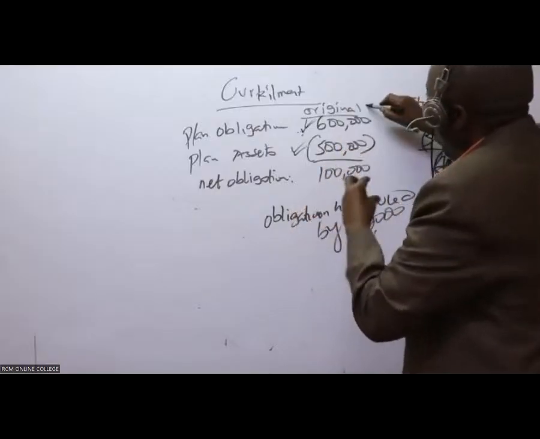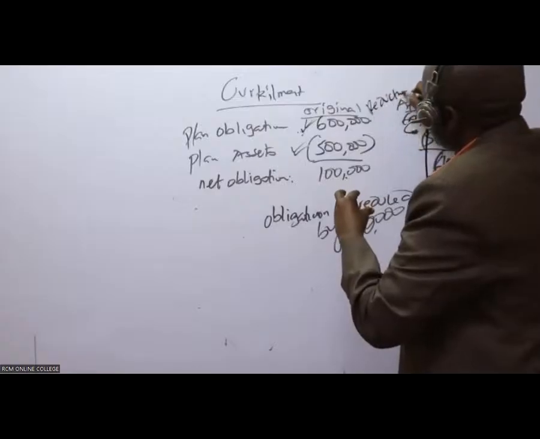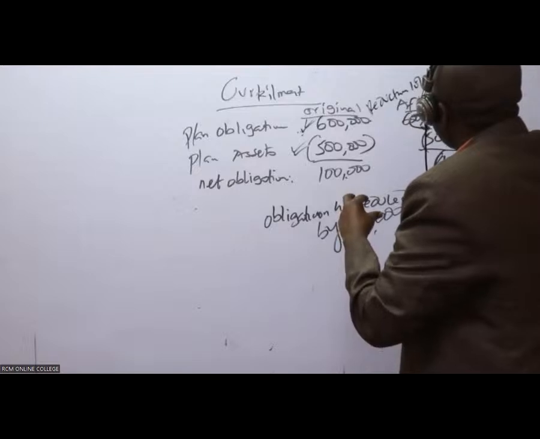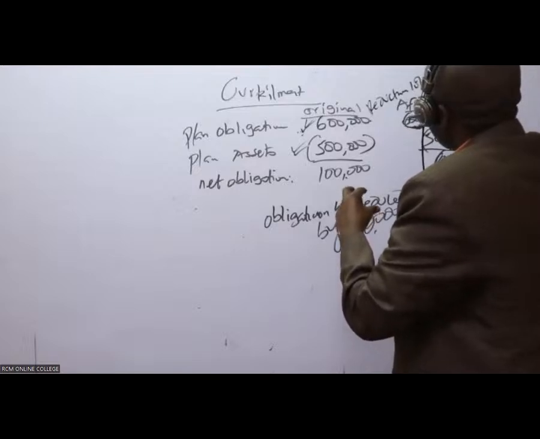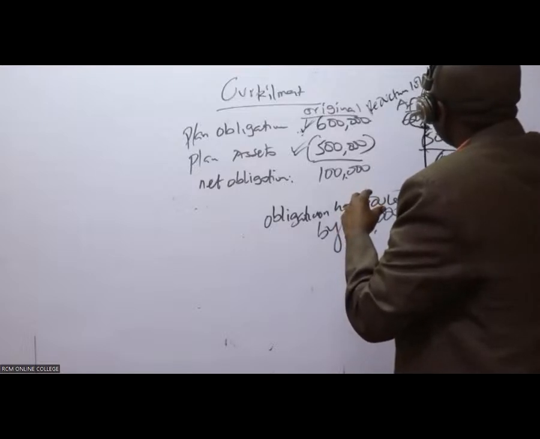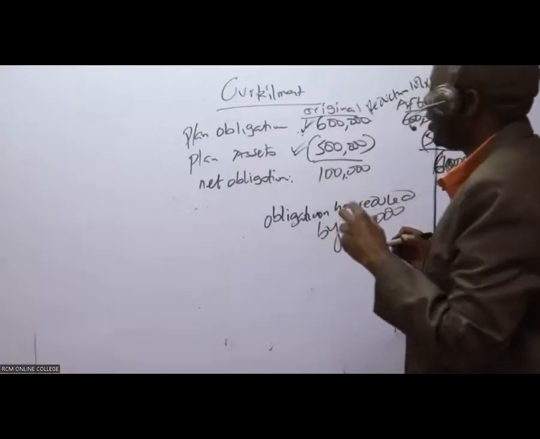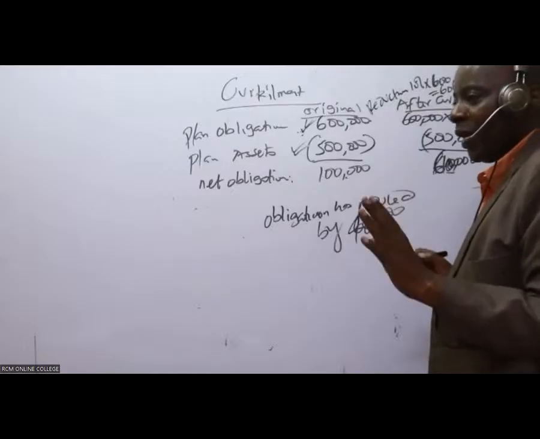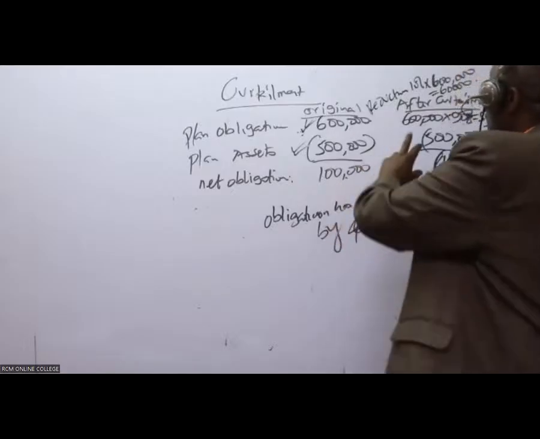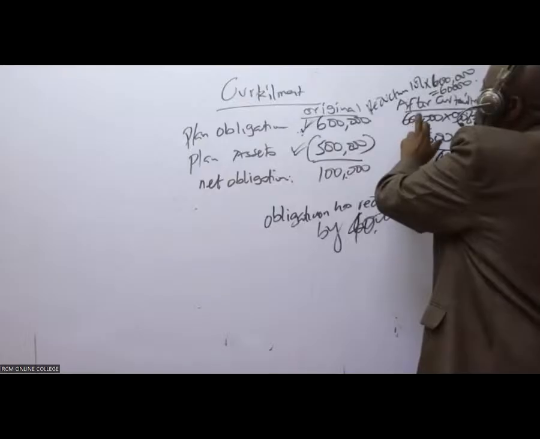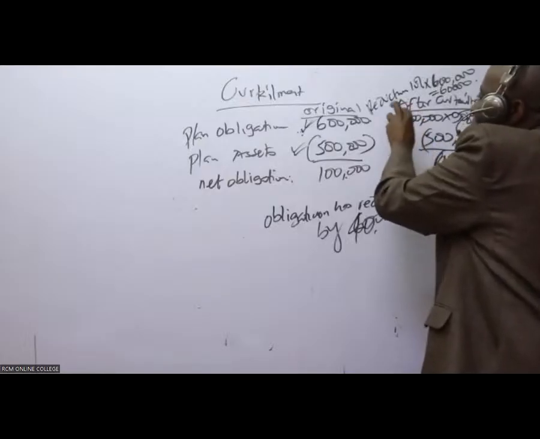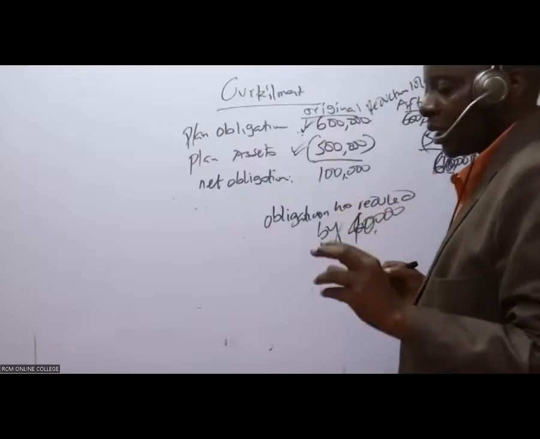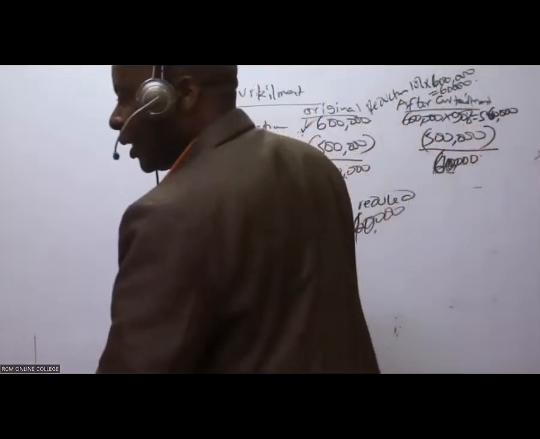So the reduction is 10%, and 10% of 600,000 is 60,000. And therefore, what is the new obligation after the reduction?